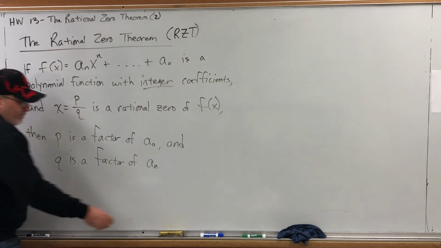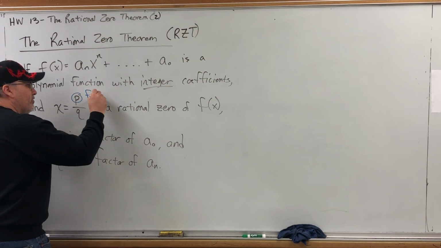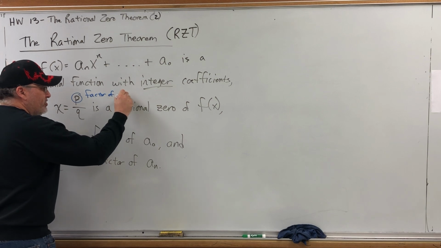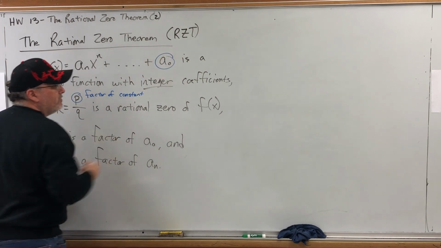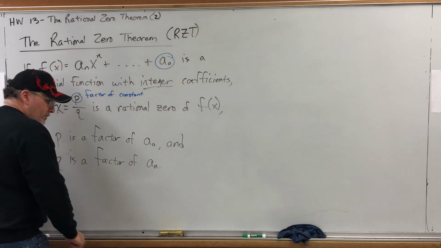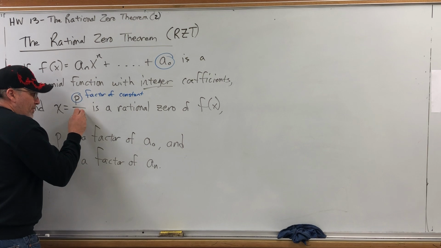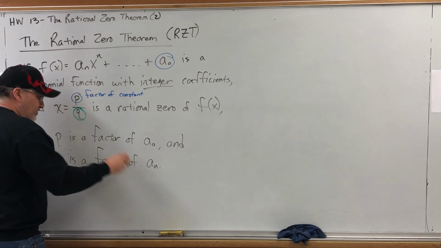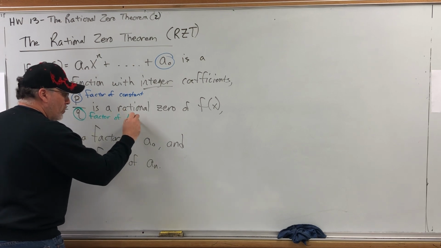Let me translate that. The top is a factor of the constant, being the number at the end of the polynomial. Your denominators have to be a factor of the leading coefficient.